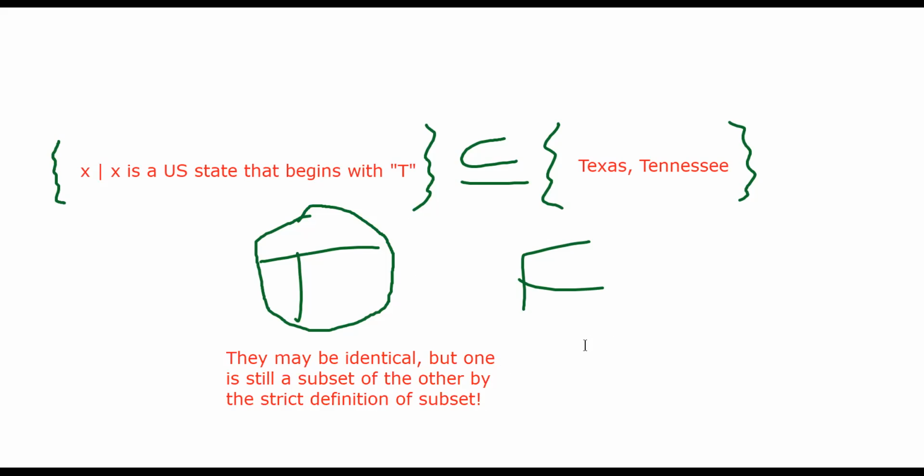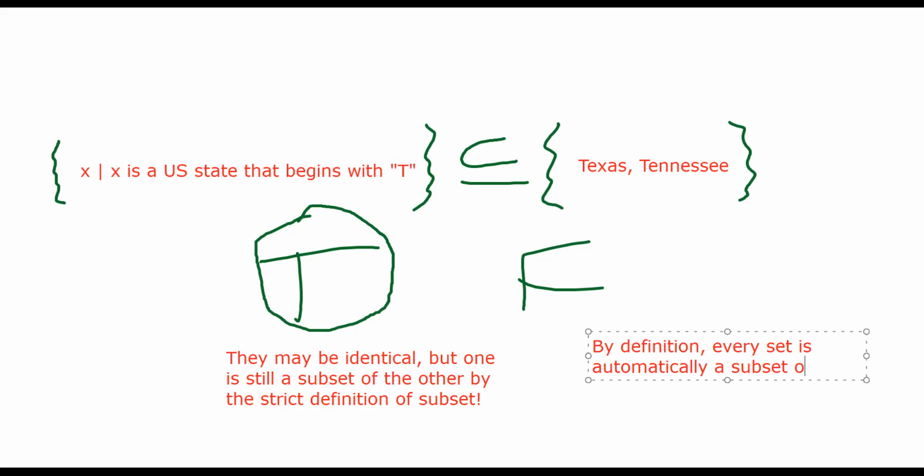So by definition, every set, I don't care what set you want to give me, every set is automatically a subset of itself, simply because it fits that very loose subset definition. So don't let the prefix sub throw you off. Sub makes you think smaller, diminutive, but it will usually mean smaller, but not always.